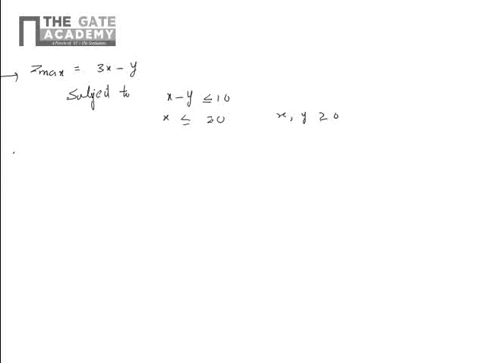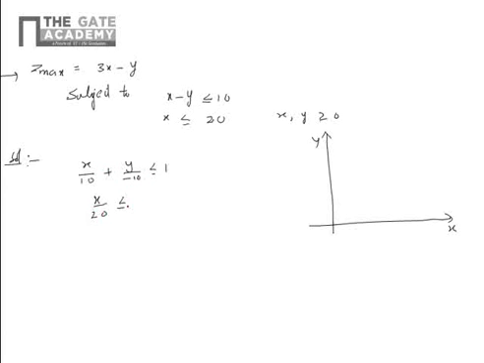How we start is the same. Draw the XY axes and mark the points. First convert into intercept form: x by 10 plus y by minus 10 less than or equal to 1, and x by 20 less than or equal to 1.